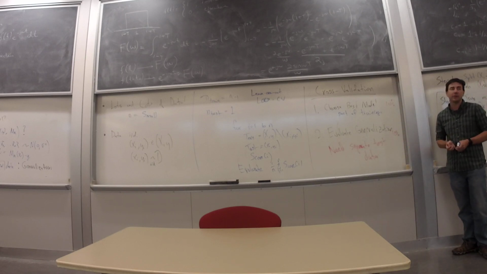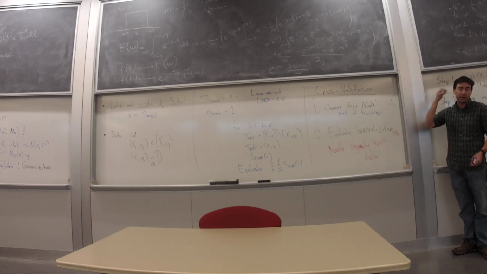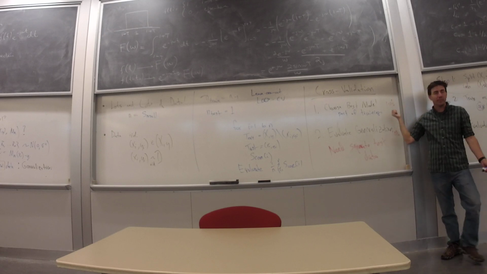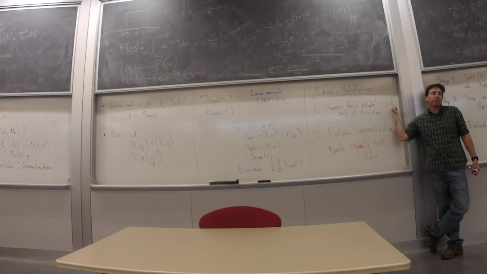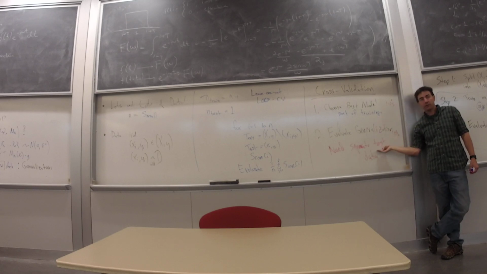So I use 80% of my data to train a model. And then there's some parameter associated with it. I'll use a 10% held out test set to choose the best parameter for the model. And then given that I want to know how well it works on new data, I need another 10% in order to do that.